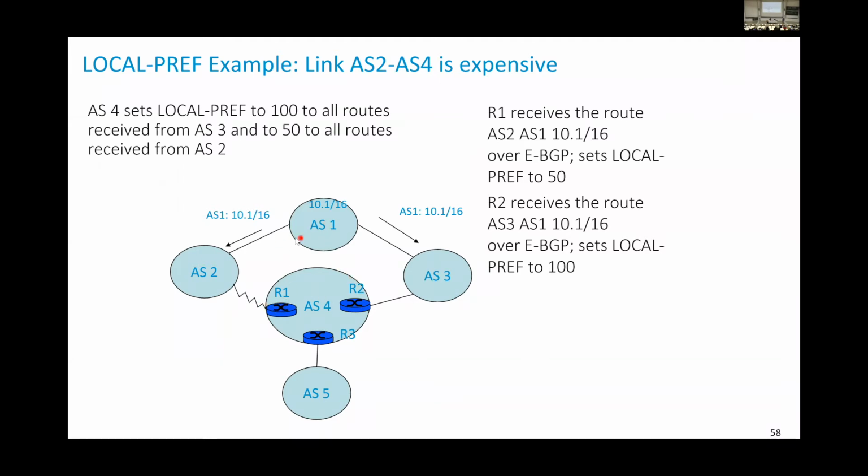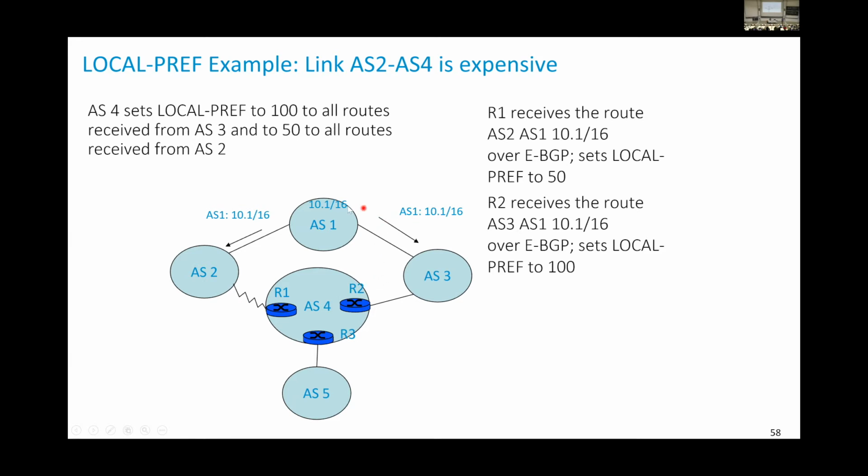Assume here AS4 is connected to AS2 and AS3 over a link here that is shown in this shaky line, which means it's a link perhaps of poor quality, or is very long, or costs a lot. So it exists, and because we are meshed with a number of people, we keep it. It may also serve as a backup, but we would prefer not to use it.